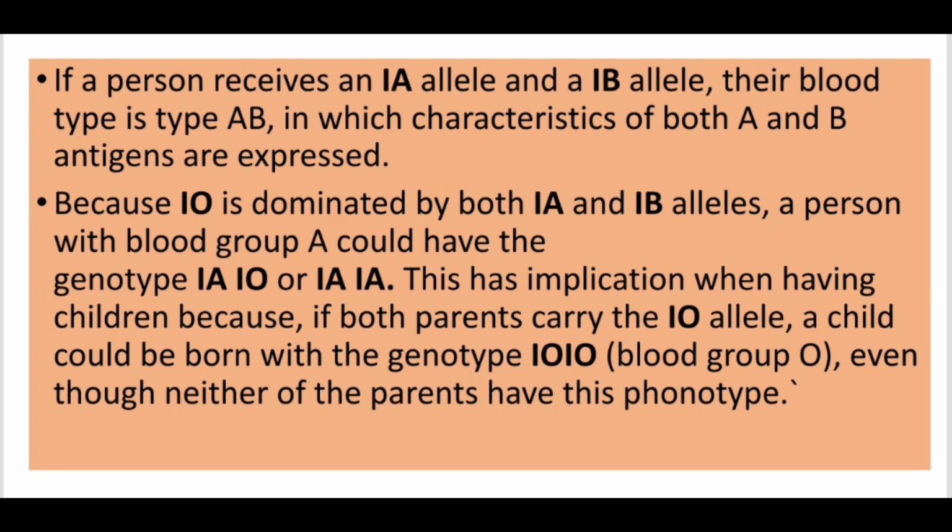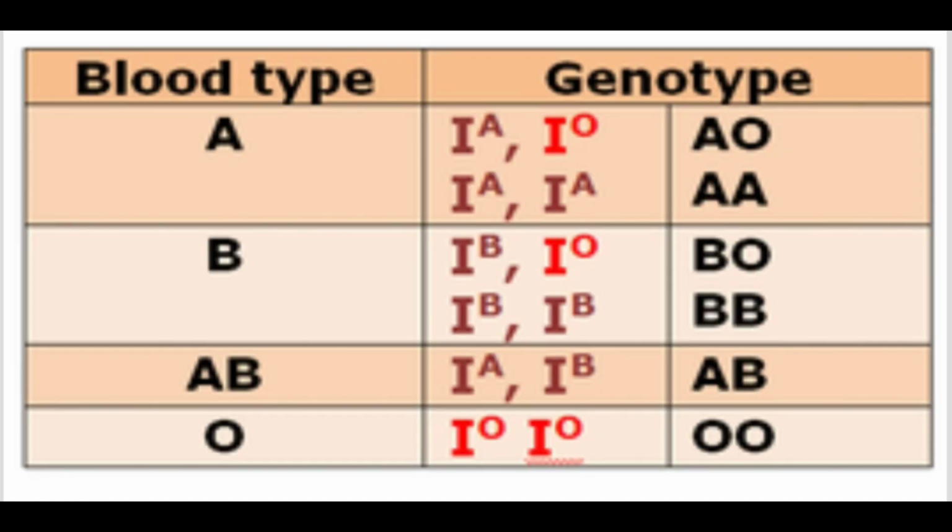This has implications when having children because if both parents carry the IO allele, a child could be born with the genotype IO-IO, which means blood group O, even though neither of the parents has this phenotype. So you can see that this is the blood type and this will be the genotype.